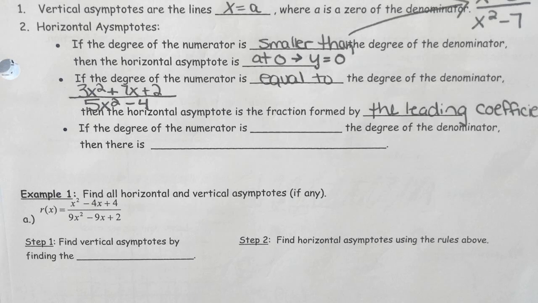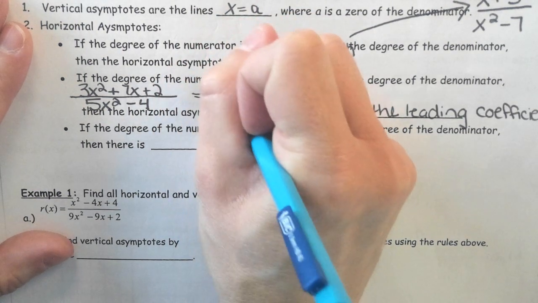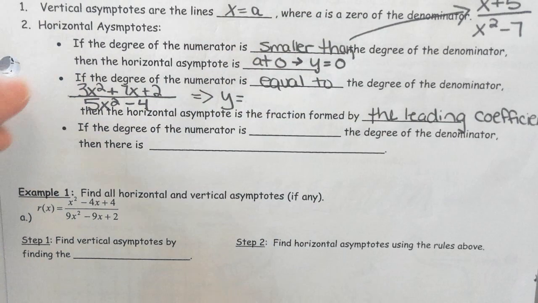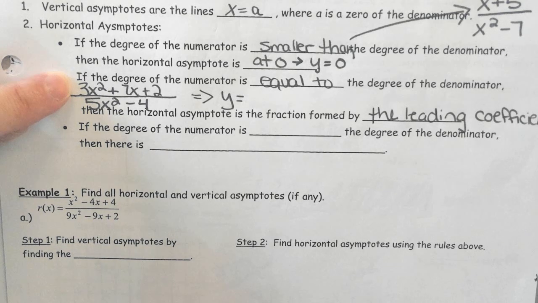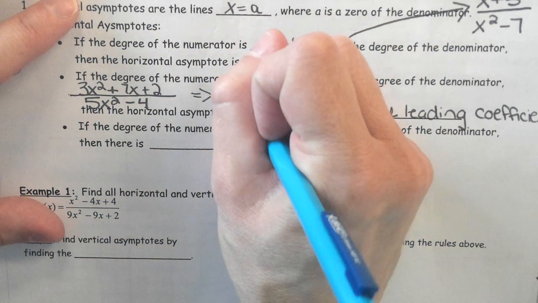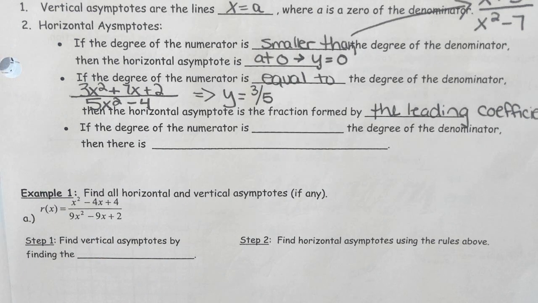Okay. So if the degrees are the same, then your horizontal asymptote is the ratio of the leading coefficients. I have a leading coefficient in the numerator of 3 and in the denominator of 5. So my horizontal asymptote would live at 3/5. So if I look at the horizontal line at 3/5, that's where my asymptote lives.